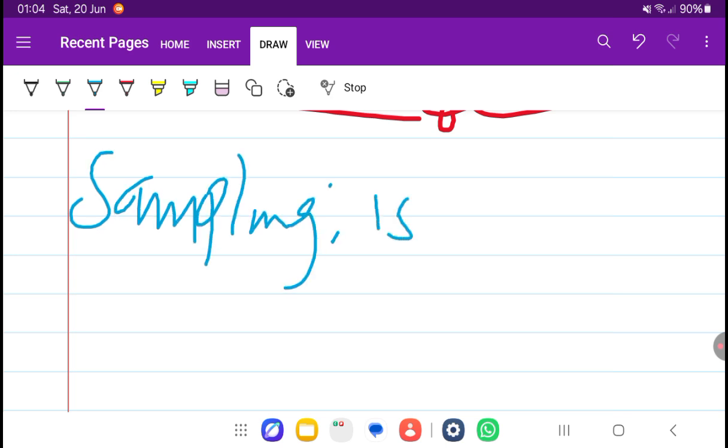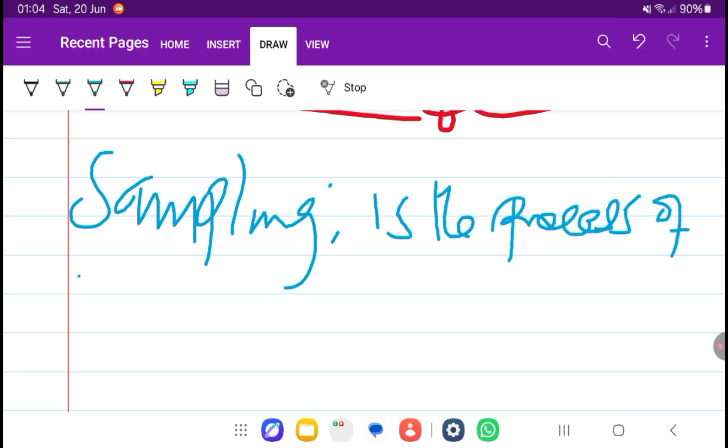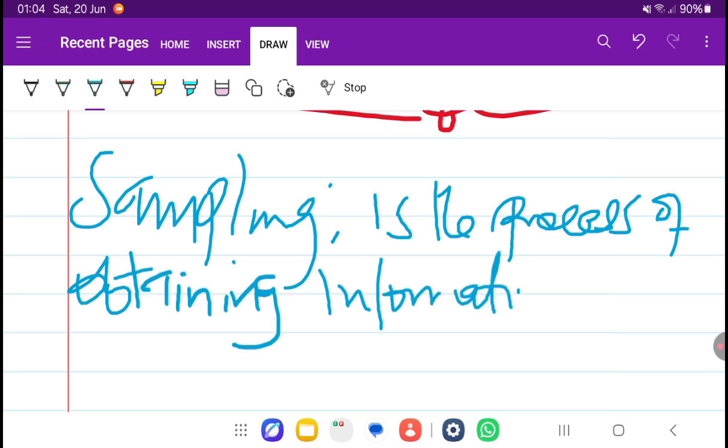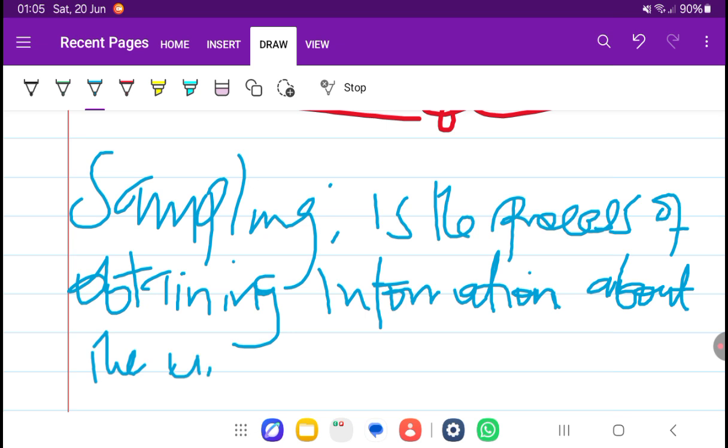Sampling is the process of obtaining information about the entire population.